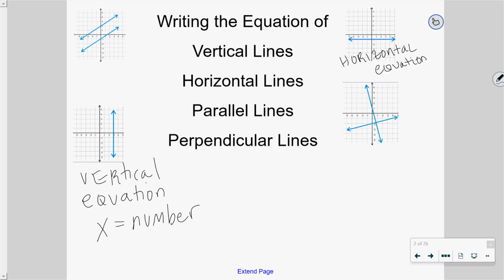Y. So it is always y equals some number. Always, always, always. So horizontal and vertical lines should have no work whatsoever when you do equations, because all you got to see is a point that it passes through, right? And then you just write that equation.